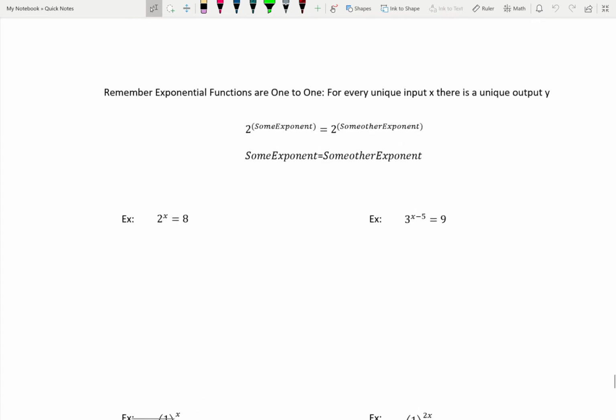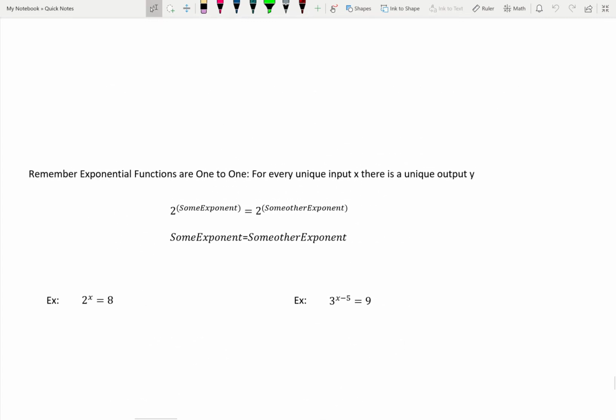So what does that mean? That means if you have 2 raised to some power, maybe it's like 3x plus 1, and it's equaling 2 raised to some other exponent like 15 plus x squared, because these functions are one-to-one, this exponent and this exponent have to be the same because their base is the same.